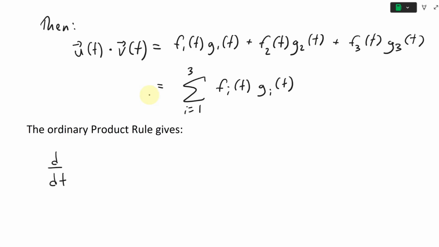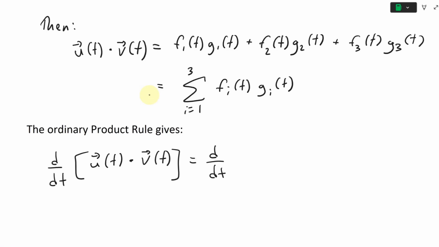Again, the product rule. This is the dot product of u vector with v vector, and we know what these equal. In terms of the summation, it's a normal product rule, not a dot product.